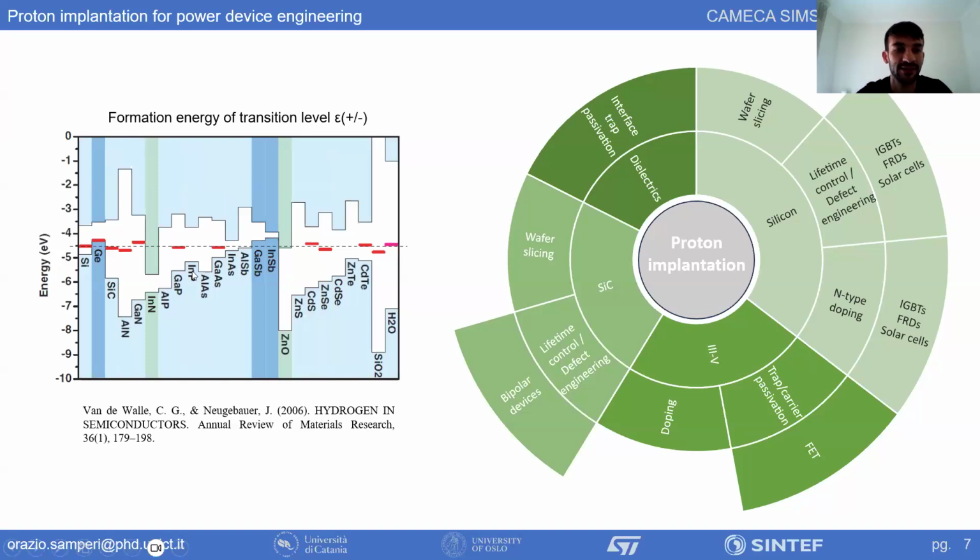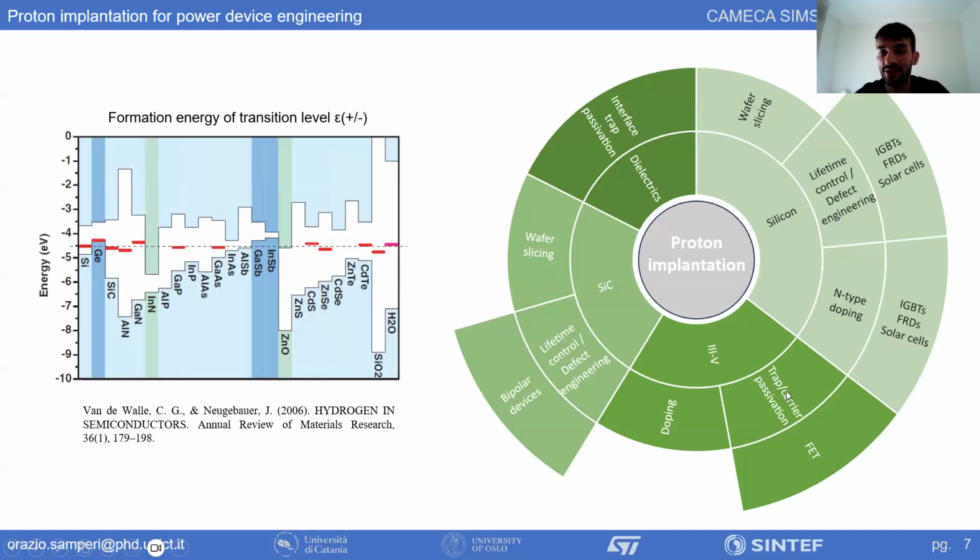As you can see in this graph, where we have the energy of different semiconductor compounds, this line here is the formation energy of the neutral hydrogen interstitial, and depending on where this formation energy level lies, the species can act as a p-type dopant or n-type dopant.